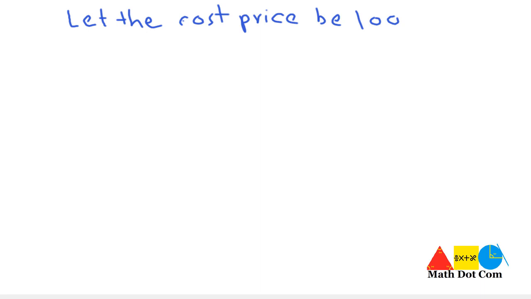as, for example, in a formula we have loss is equal to cost price minus sale price. Now in this formula, we have the cost price, and on the basis of the cost price, we have a loss percent.